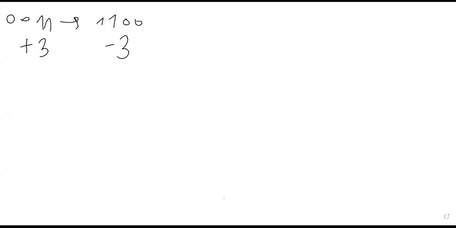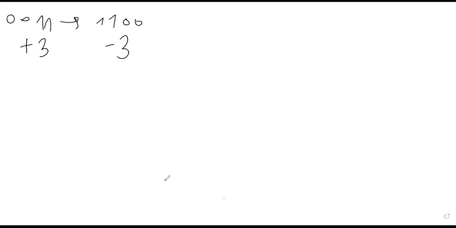We moved on to the ones complement representation, which involves inverting all the bits in a given binary number. For example, if you're given a positive 3, it doesn't change. But if you want to find a negative 3, you invert all the bits, then voila, you have your negative 3. So basically, this is the ones complement.